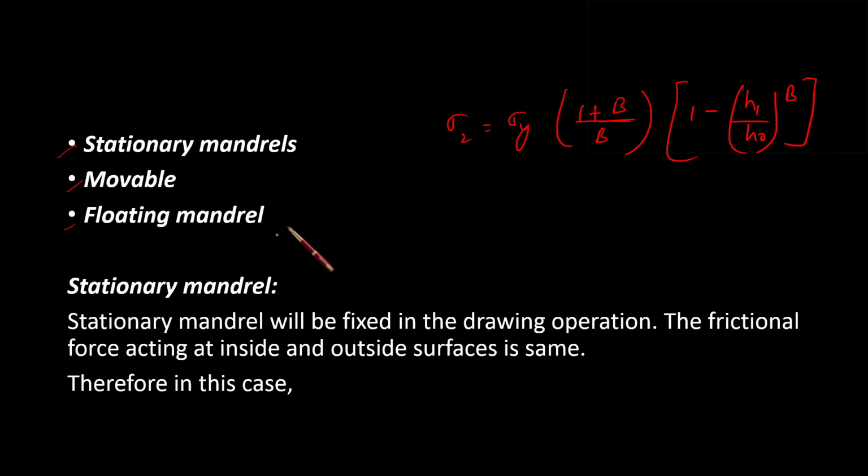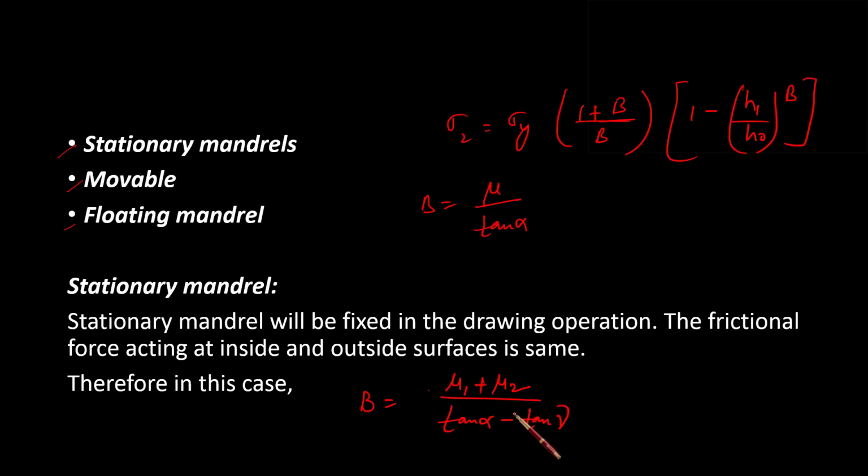For a stationary mandrel, what was b in the case of wire drawing? b was mu by tan alpha. Here b will be mu1 plus mu2 divided by tan alpha minus tan gamma.